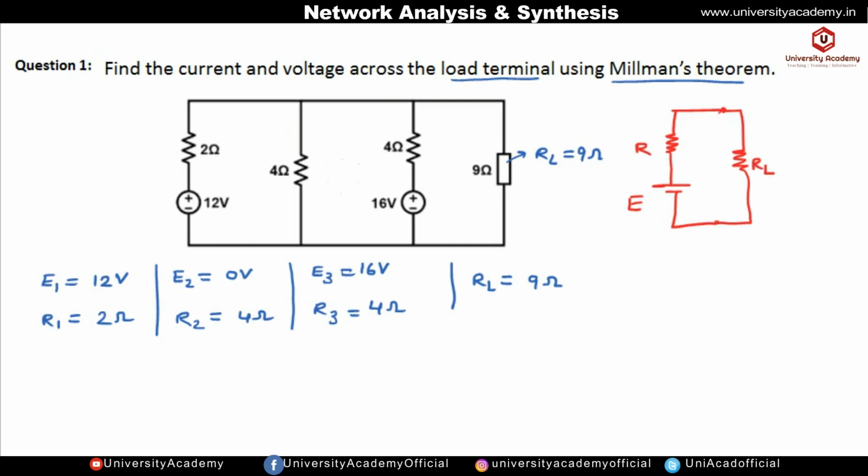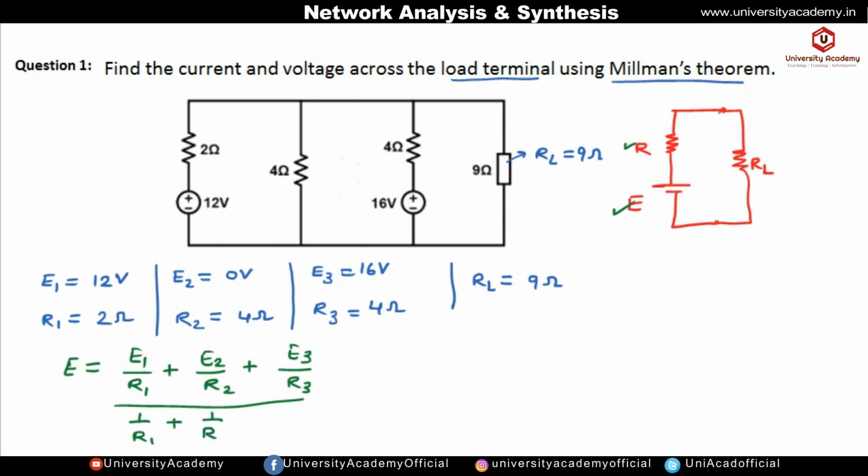So now we have to find the value of this E and R. Using Millman's theorem, the formula for E is given by E1 by R1 plus E2 by R2 plus E3 by R3, divided by 1 by R1 plus 1 by R2 plus 1 by R3.